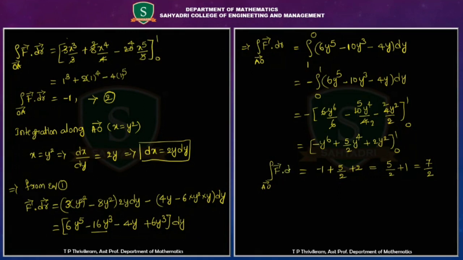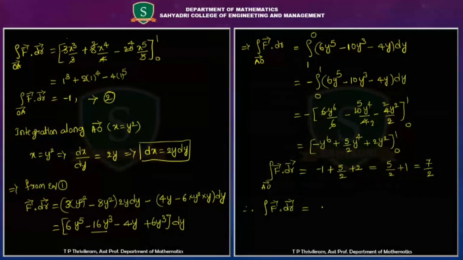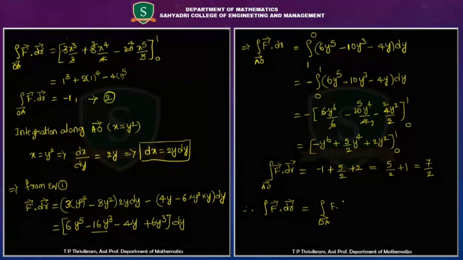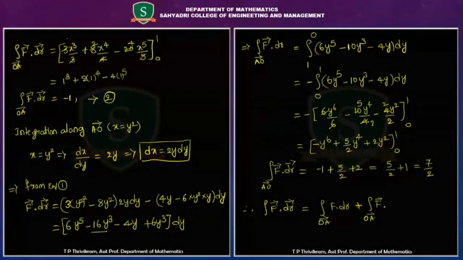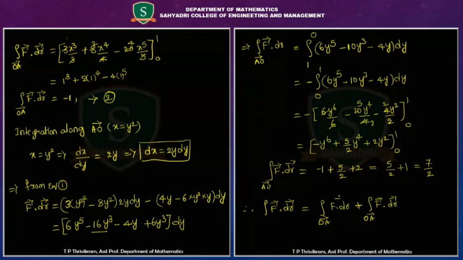F dot dr. Okay, so therefore overall integral f dot dr is equal to integration along OA direction f dot dr plus integration along AO f dot dr. Okay, if you take this as equation 2 and this as equation 3, from equations 2 and 3, how much will you get?